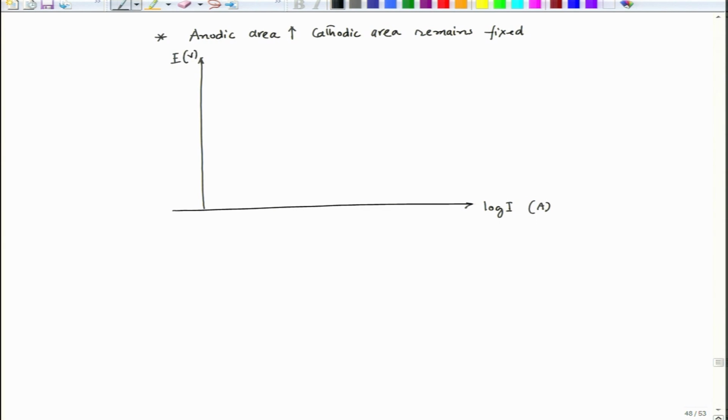Now, we have already mentioned that we will be talking in terms of the standard hydrogen electrode.